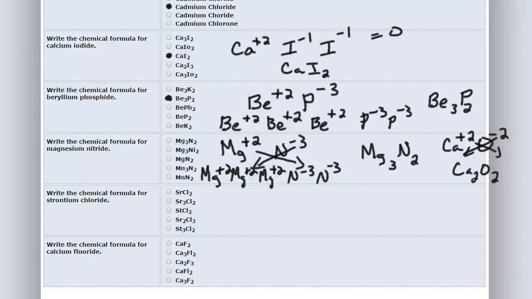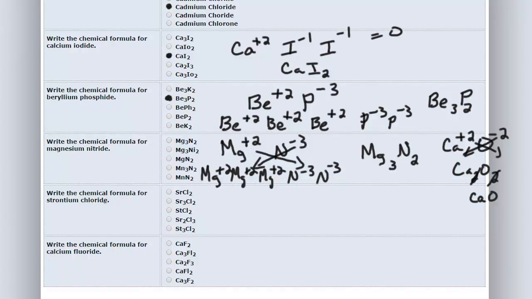You don't have 2 of the calciums and 2 of the oxides. You only have 1 of each to get to 0. That's all we need. So in this case you'd have to reduce, and you'd get CaO, calcium oxide. So be careful if you're going to do this crisscross method. But you can write them out the way I've been doing here and you'll always get the right answer.